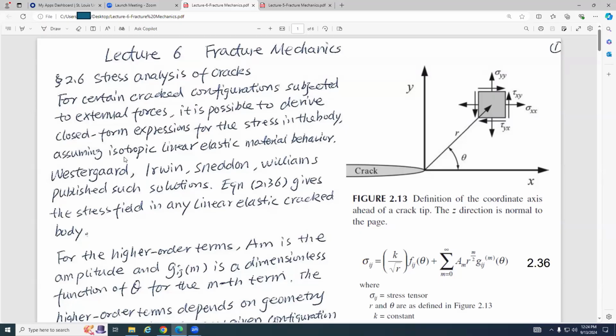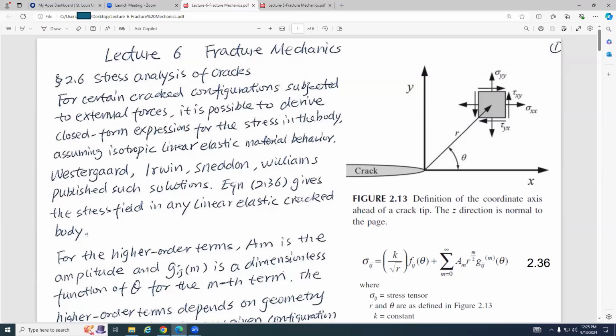This is called isotropic. Another concept is homogeneous. Homogeneous means that at different locations, the material has the same mechanical properties. So here we say homogeneous, isotropic, linear elastic material behavior. Here are several geniuses, Westergaard, Irwin, Sneddon, Williams, and they published such solutions. We'll look at it here.